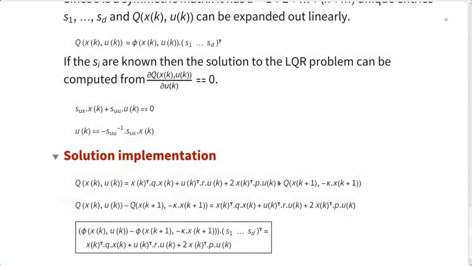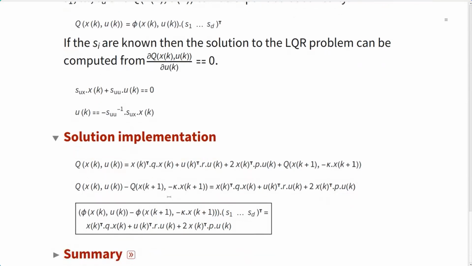I just rearrange it: I bring the q function to the left-hand side, and then write the q function as that quadratic term in xk and uk and the linear term in S. This is the fundamental equation that we are going to use to compute the control policy, because once we know S, we can then compute u.